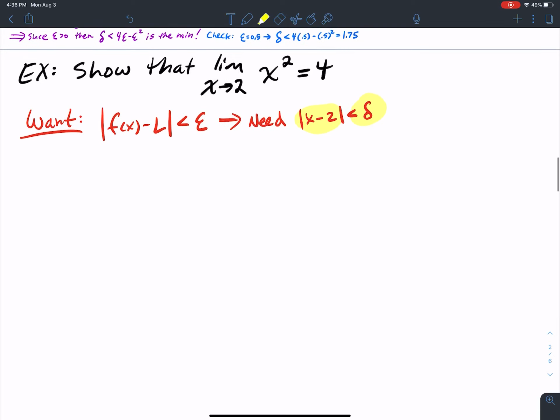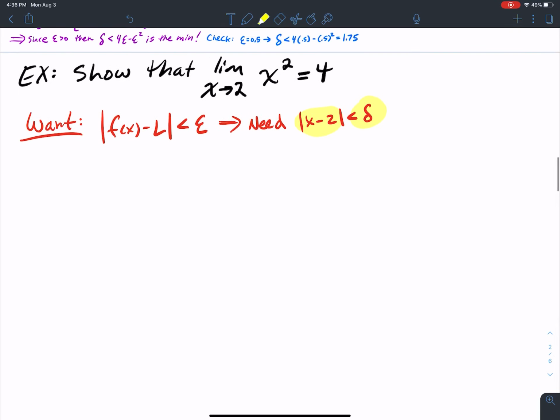So I need to know what the players are. You think about it for a second. It's the limit as x goes to c of f of x equals L, okay? So the c is my 2, the f of x is my x squared, and the L is my 4. So I know the players now.